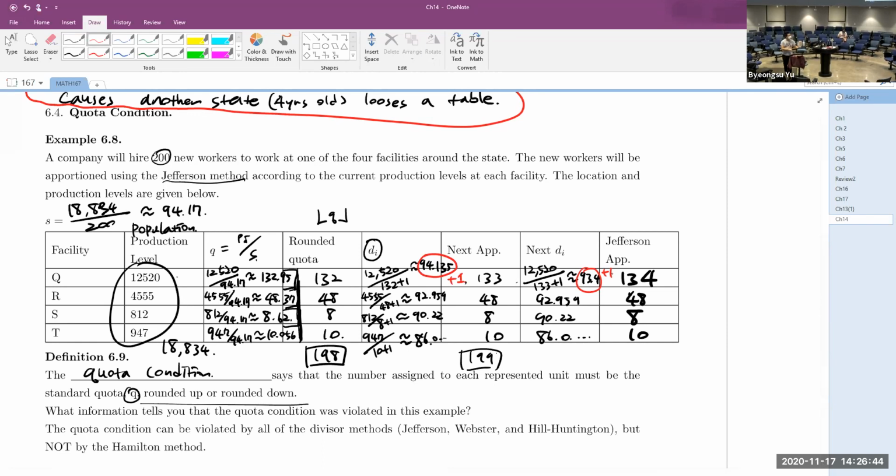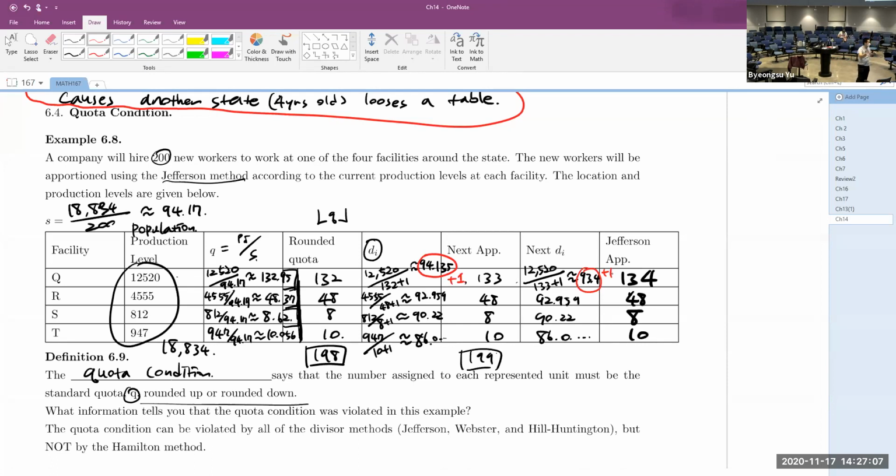Okay, question? Yeah, I just add plus 1 to the biggest divisor. In the first round, the biggest divisor was from Q, which is 94 point something. So that's why I add the first one.